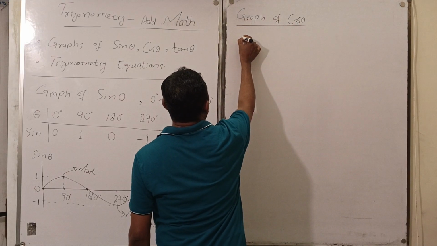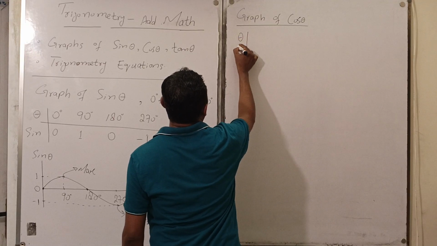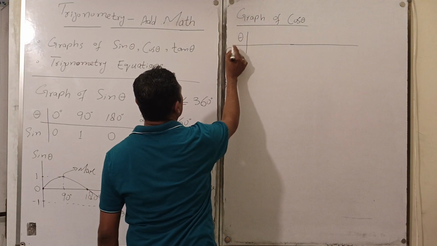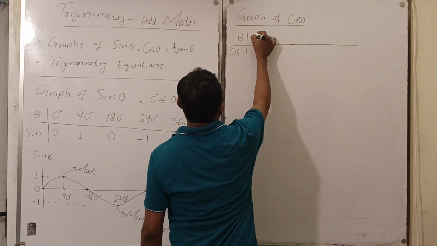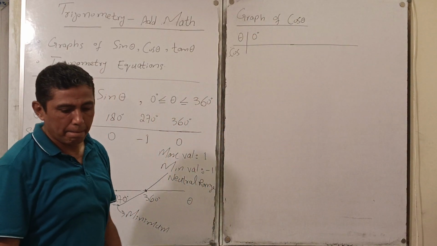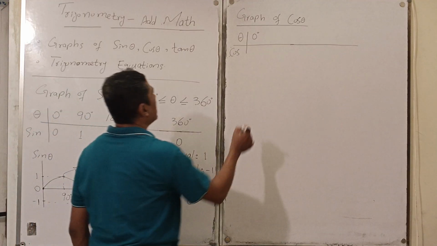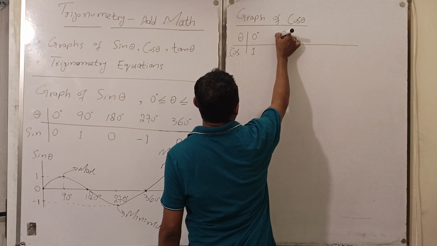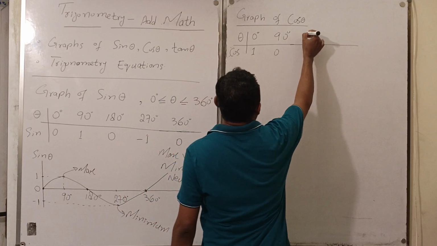Again this is theta and so on. Find out the value of cos 0, it is 1. What about 90 degrees? 0.